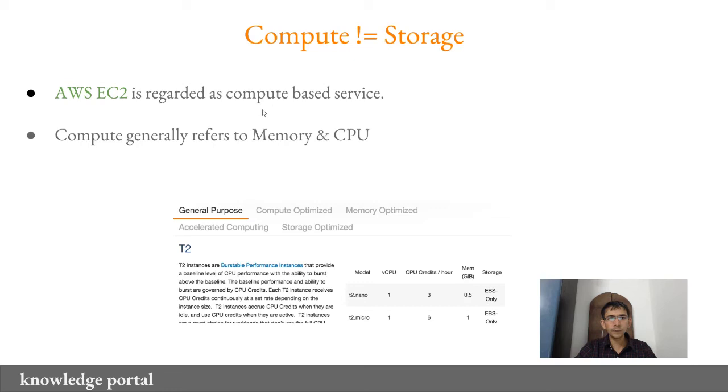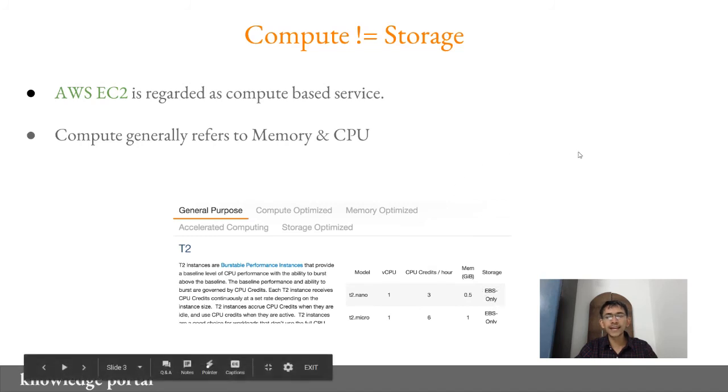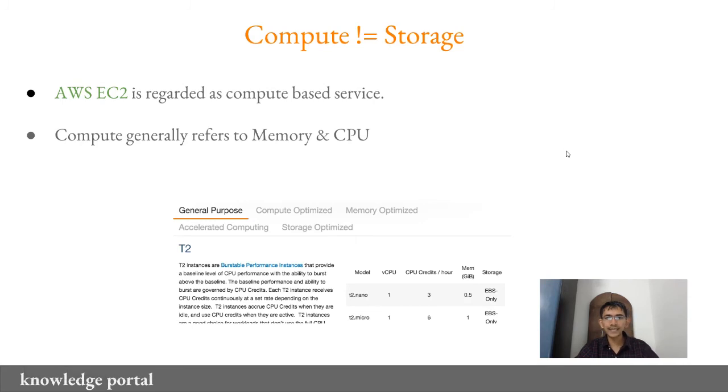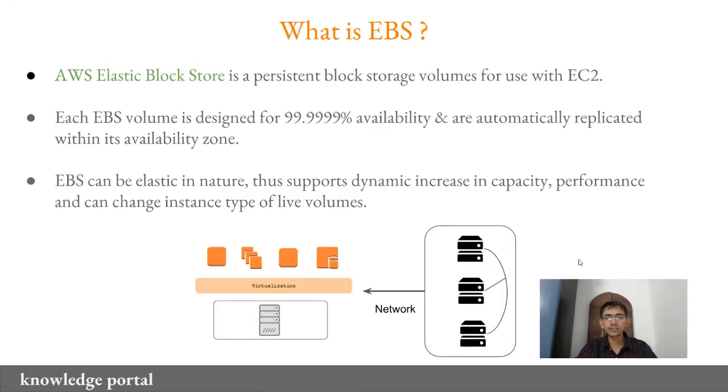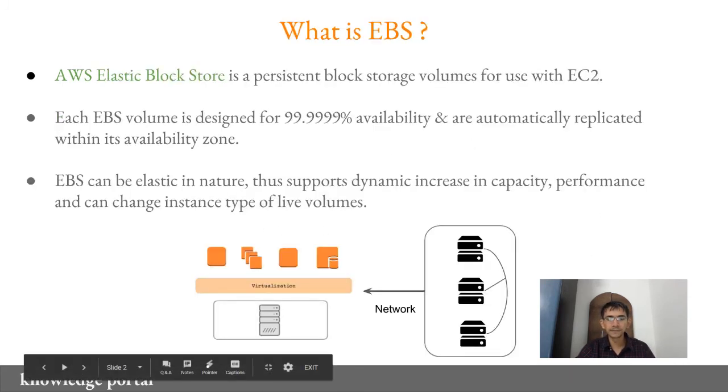So EC2 compute generally refers to vCPU and memory. However, storage is a different thing altogether. You have various storage options like EBS, instance store volumes, etc. So let's jump to the practical and understand some of these factors in great detail.